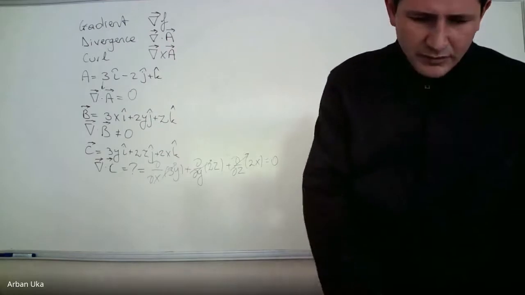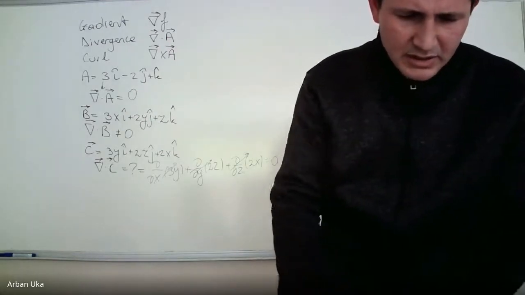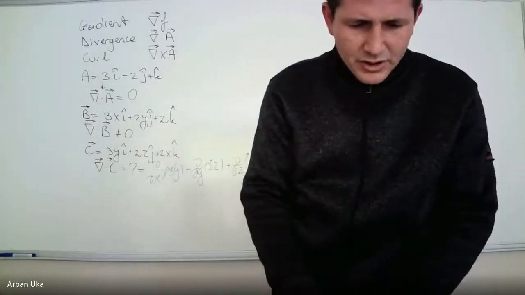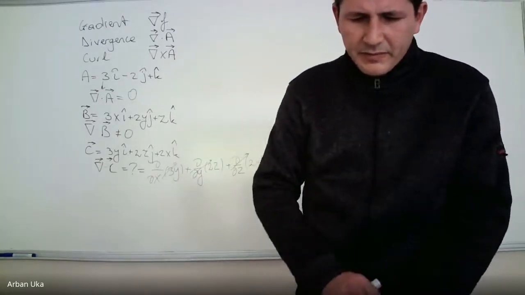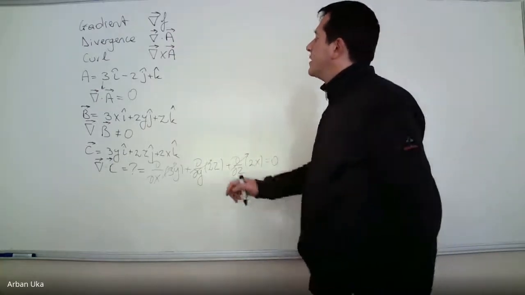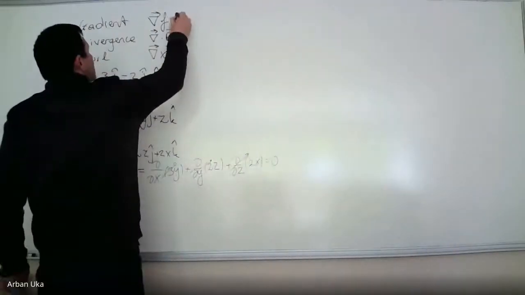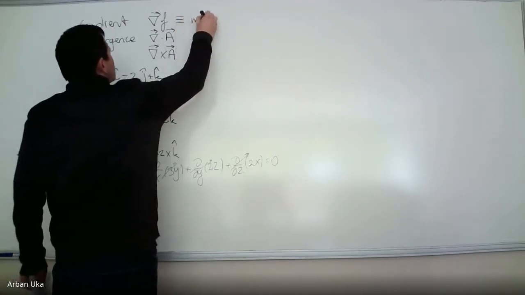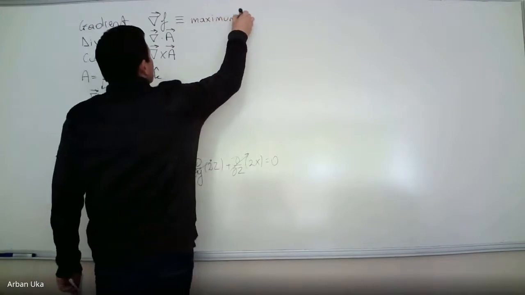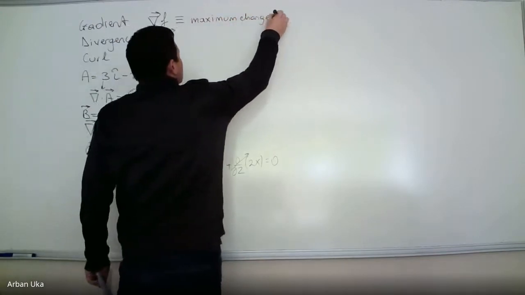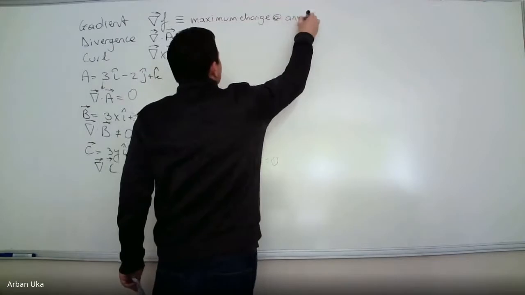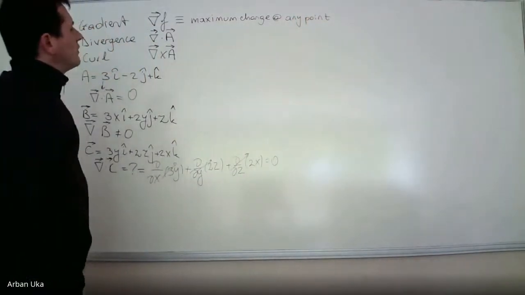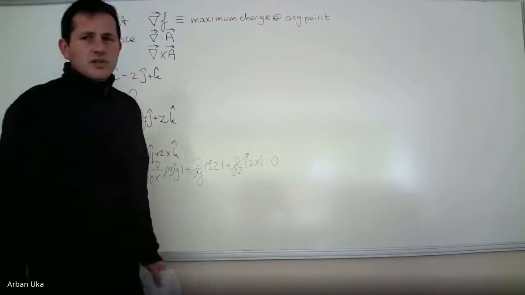Now, let's see a couple of examples. We initially discussed the gradient of scalar fields. The gradient defines the maximum change at any point, or this is the point of the maximum rate of change, which means the following.